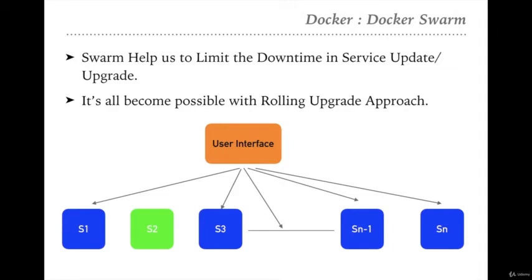We can understand the rolling upgrade with this diagram on our screen. Suppose we have the user interface, which is a domain, like www.facebook.com. All the users are basically accessing Facebook from the same domain. They are just hitting the URL and Facebook is on their laptop screens. But internally, Facebook has thousands of servers.